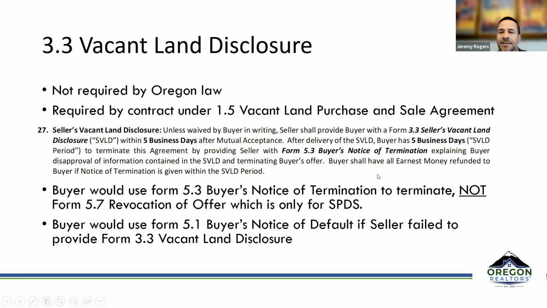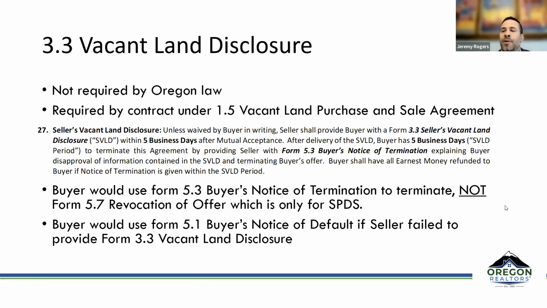Similarly, we don't have a provision spelled out in section 27 that says that if the vacant land disclosure statement is not provided, then the buyer could terminate at any point up till closing, which is part of the residential seller property disclosure statement law. However, our contracts already deal with that because our contracts have the notice of default and opportunity to cure.